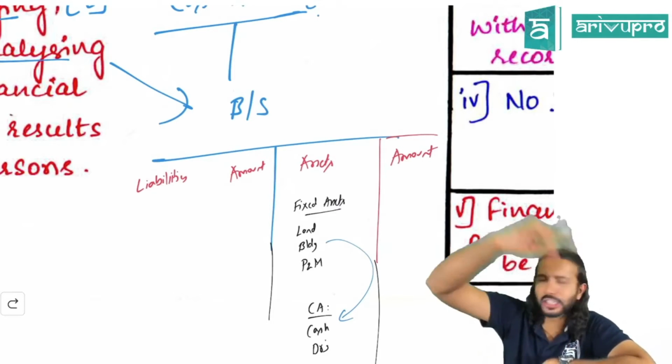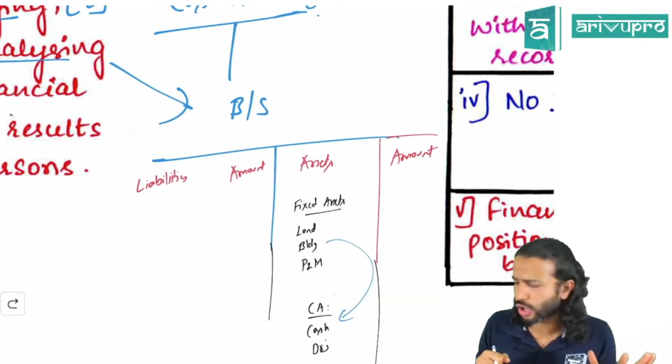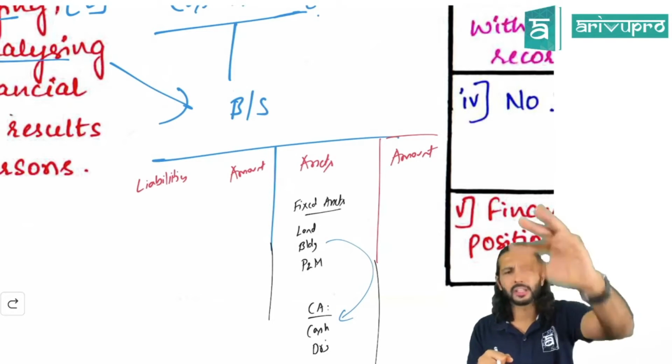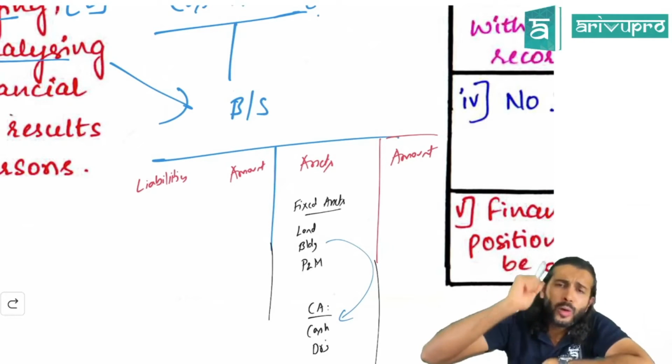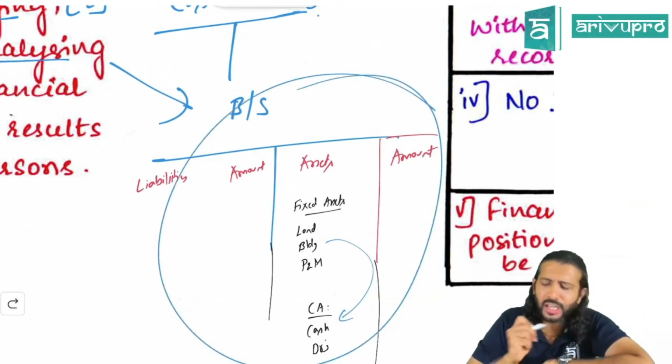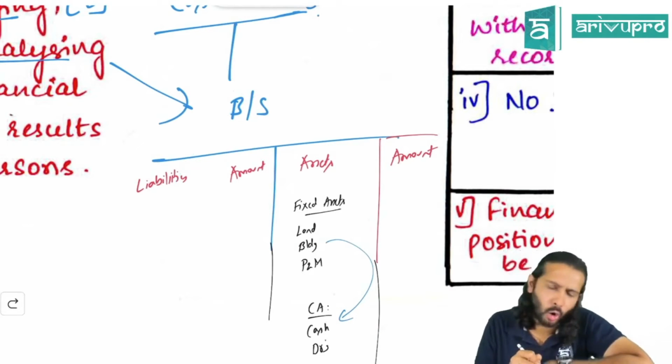Because there are more than 1,000 companies listed on the stock exchange, not just one company. There is Infosys, Reliance, like this, thousands of companies. How will I decide which company's share I should buy? The company's profit, somebody is saying.